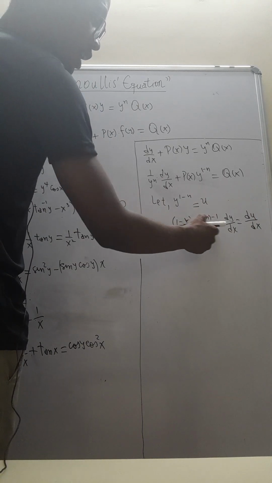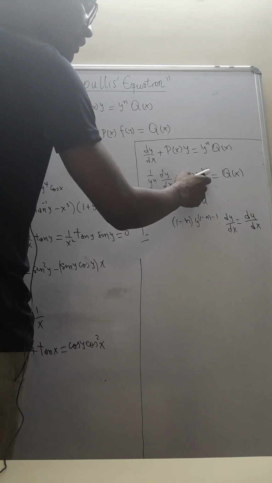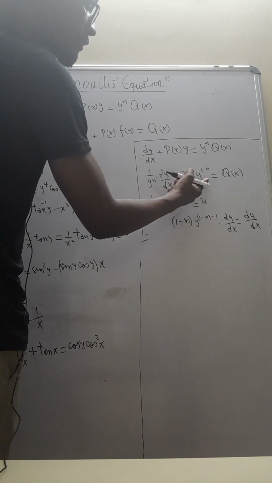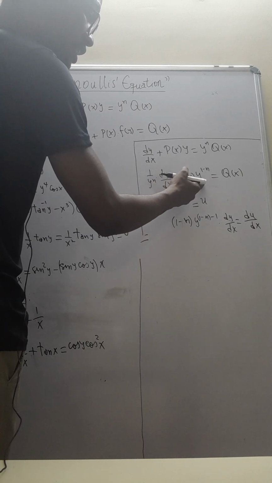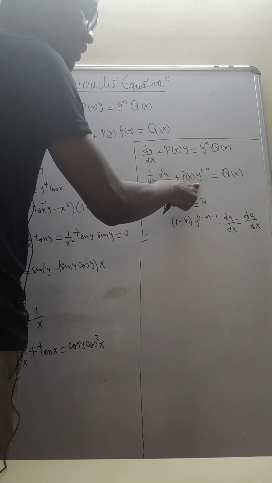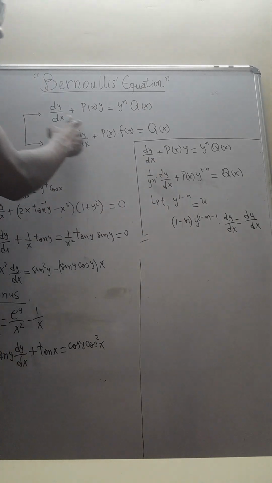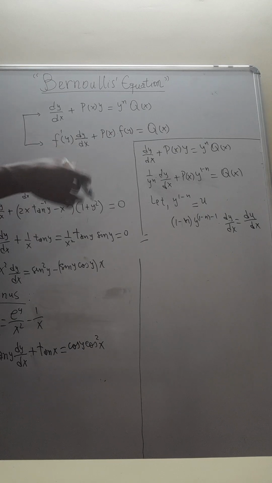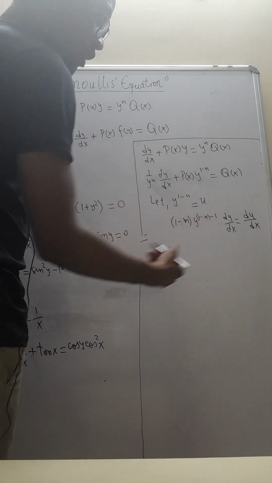So if the derivative of this can be found in this way, and we get this expression here, then this can be reduced to a linear differential equation. This is what we are going to see.